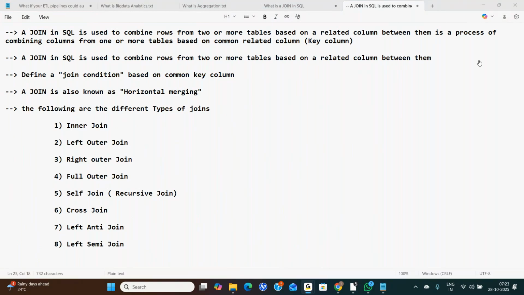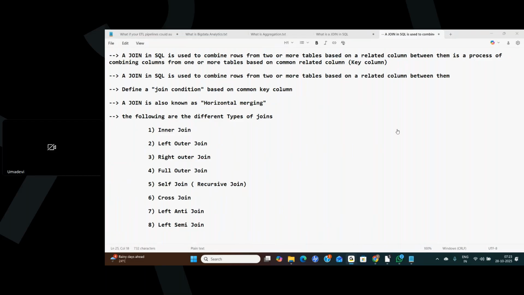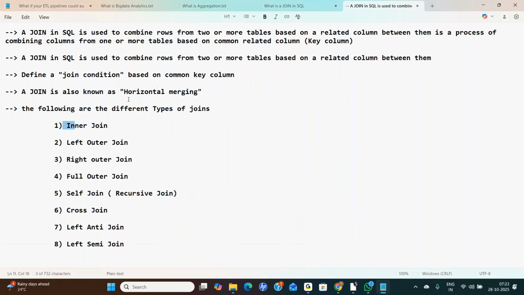Now first let us start with inner join. One thing: the last two are not there in Oracle.